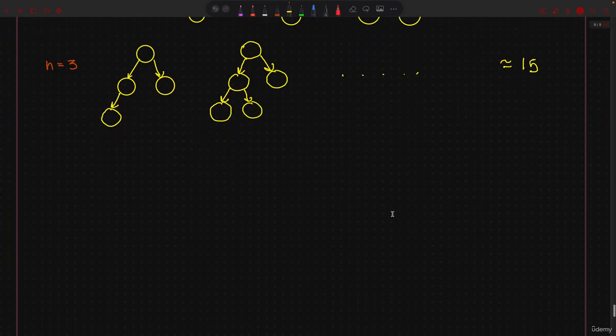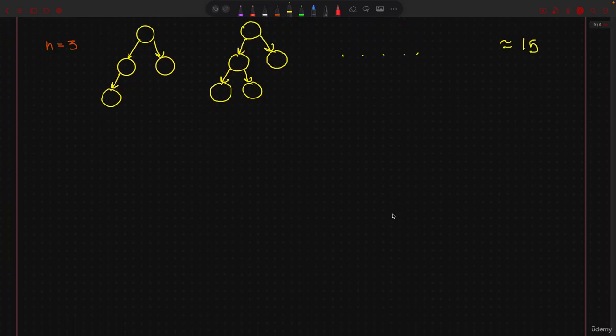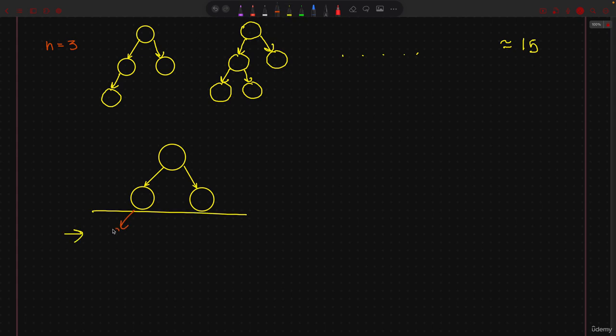Now the very first intuition which most students have for this particular question is something like this. Let's say we have a tree here. Let us consider the tree for height 3. What we can do here is we have this tree with a height 2. Now at this particular level, we can have 4 nodes, right?